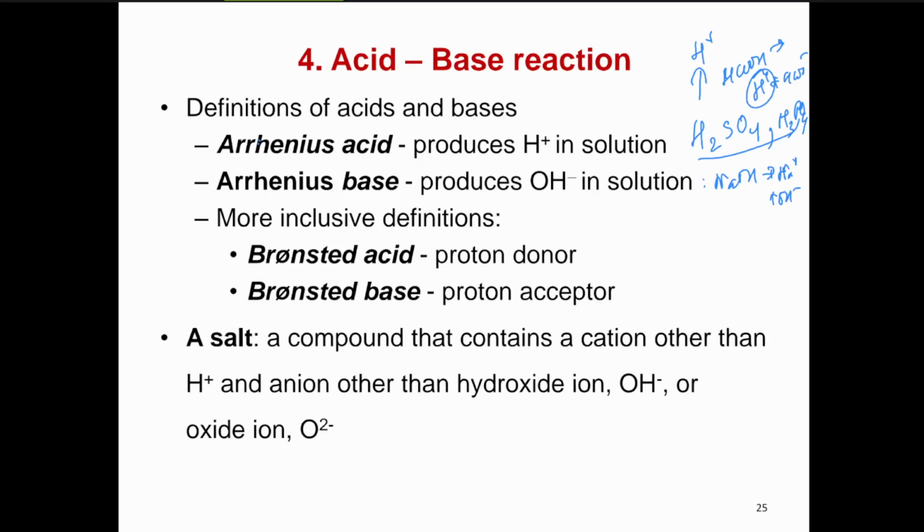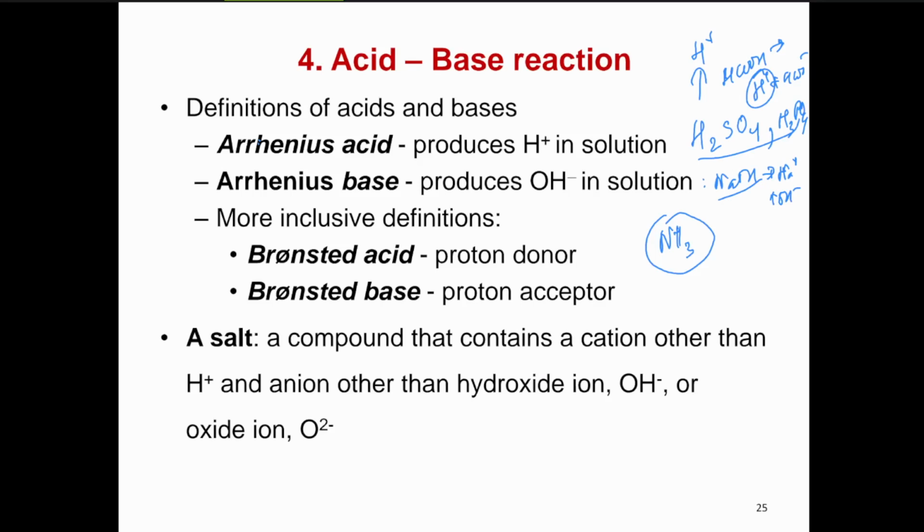But then later, they recognized that a compound like NH3 behaves quite similarly to other compounds defined as Arrhenius bases, like sodium hydroxide, barium hydroxide, calcium hydroxide. So ammonia can be classified, in terms of chemical property and chemical behavior, as a base.